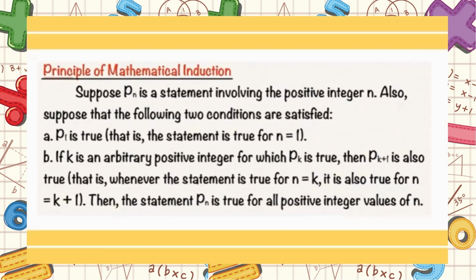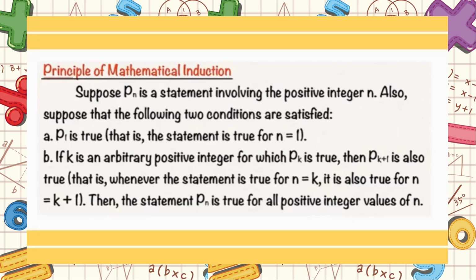So going back to the technical definition of mathematical induction, suppose that P of n is a statement involving the positive integer n, and let us suppose that these two conditions are satisfied. First, P sub 1 is true. So that is n equals 1.